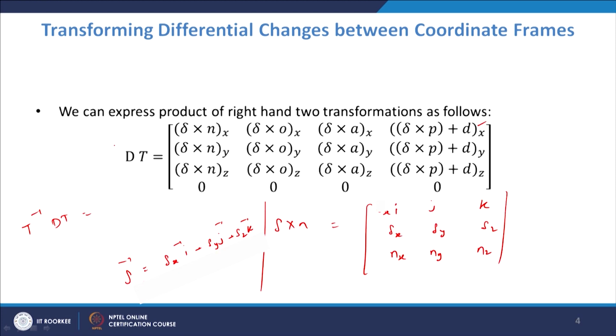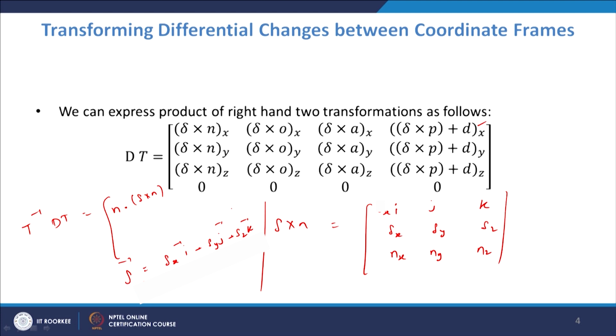So, if I multiply n x, n y, n z with this del cross n vector, the first entry will be n dot del cross n only, isn't it? The first column here is the del cross n vector, the first row of T inverse is the n vector. So, the product will give you n dot del cross n.